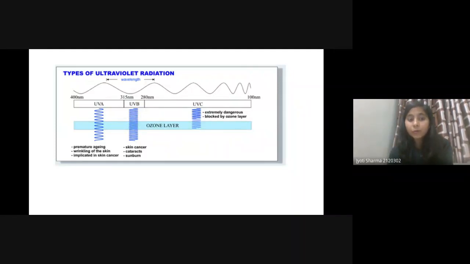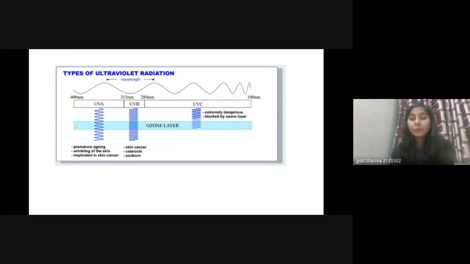B can cause skin cancer, cataract, which is an eye-related problem, and sunburn. But A can lead to premature aging, wrinkling of the skin, and is implicated in skin cancer.